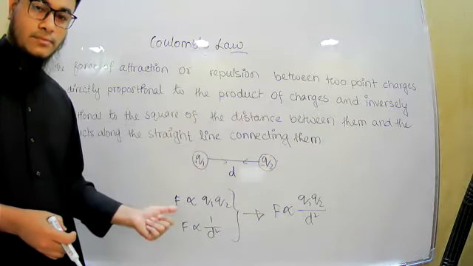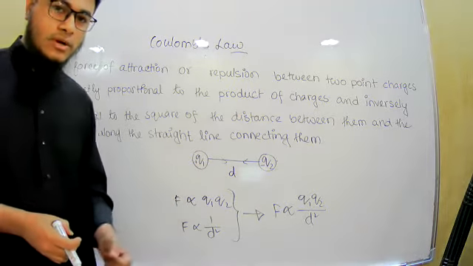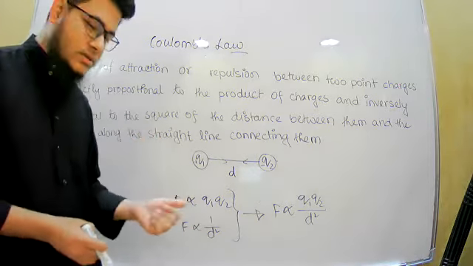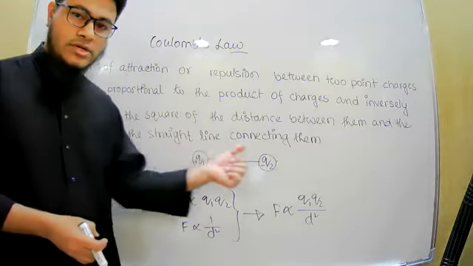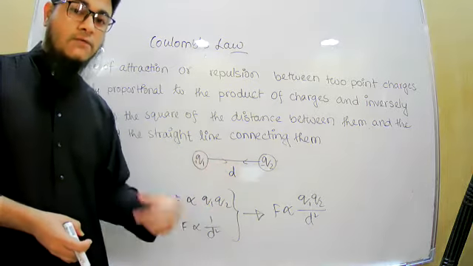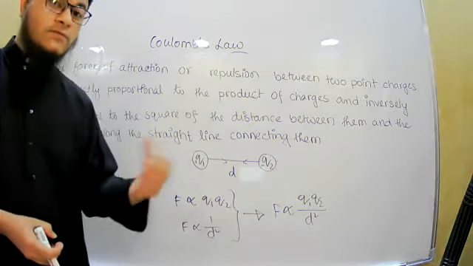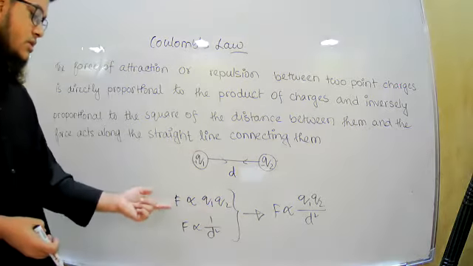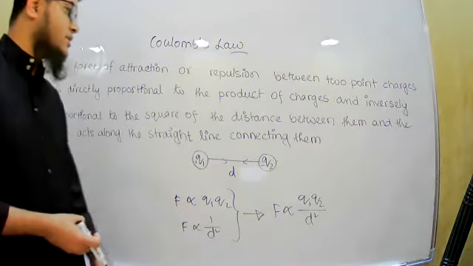So what will happen? The force will be doubled. Now, what will happen if you double both the charges, like Q1 also has been doubled and Q2 also has been doubled? Then 2 2s are 4. So the force will become 4 times. Understood? So like that, okay? So force is directly proportional to the product of the charges.